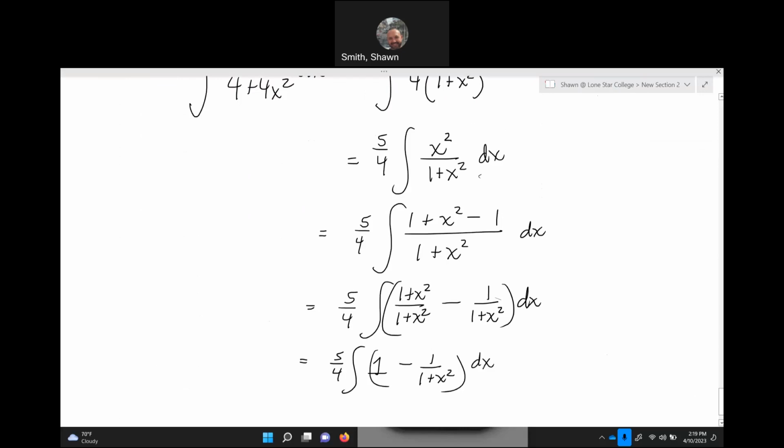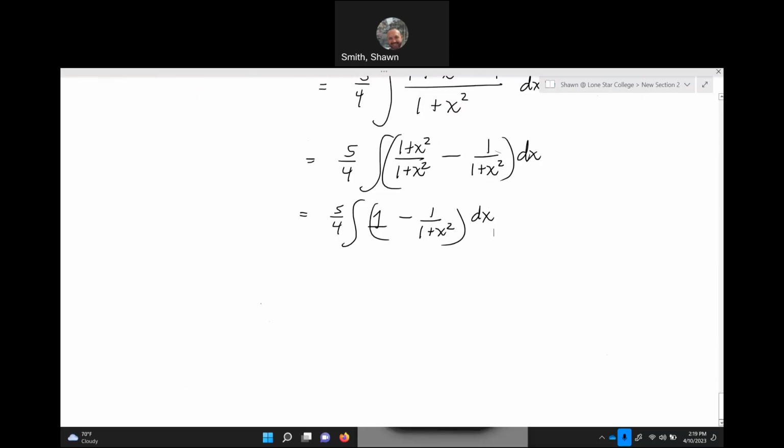So all of this is the same equivalent expression, which is 5/4 times the antiderivative of all this: the antiderivative of 1 over x, minus the antiderivative of 1 over 1 plus x squared, inverse tangent, plus a constant C. You can leave it like that, that's perfectly fine. There's no need to distribute across. That's it.